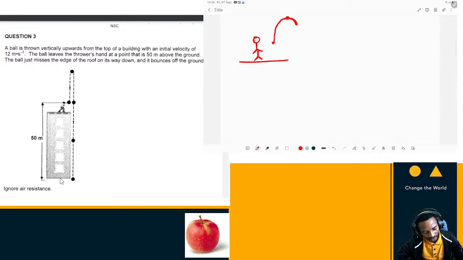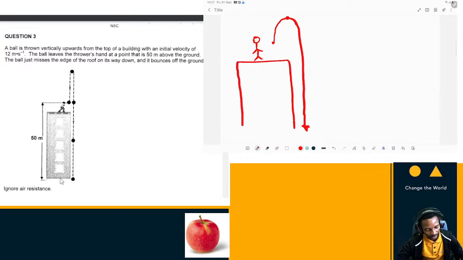Then after reaching maximum height, it stops there, then it gains momentum, then it goes back again to the ground, because on its way down it misses the edge of the building, then suddenly hits the ground after some time.